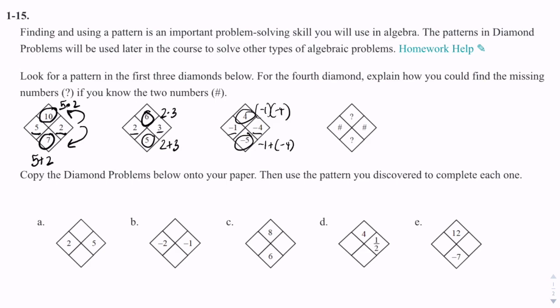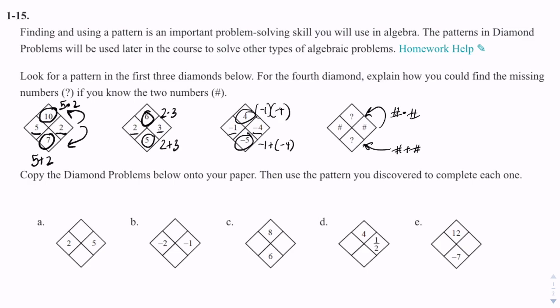Okay, so now you see the pattern, right? So the pattern down here, this question mark, is number plus number, and the top one is a number times number.